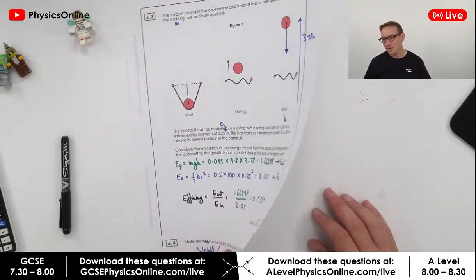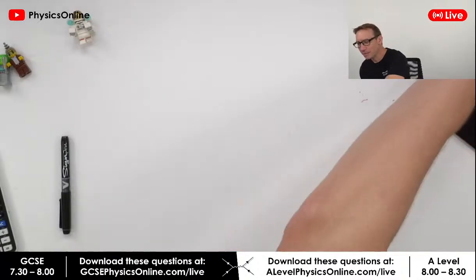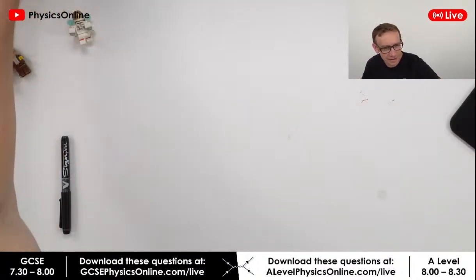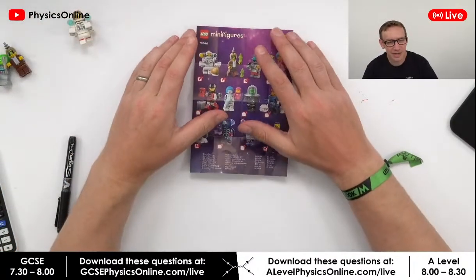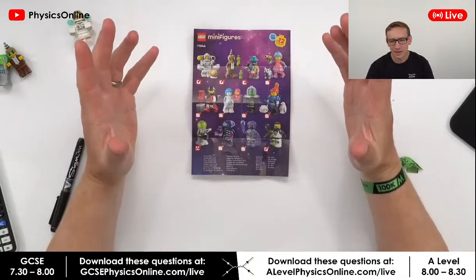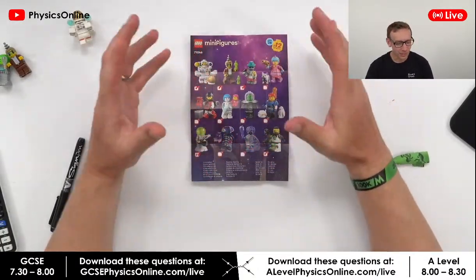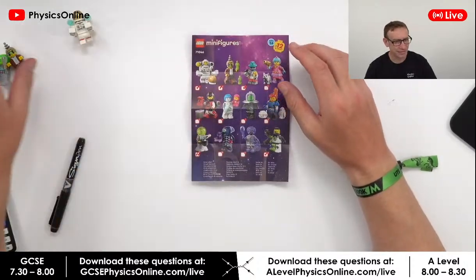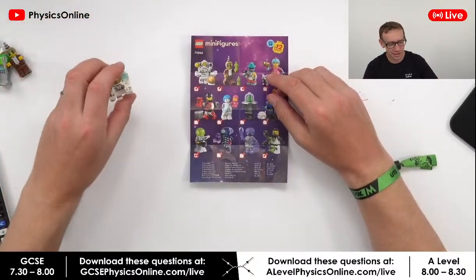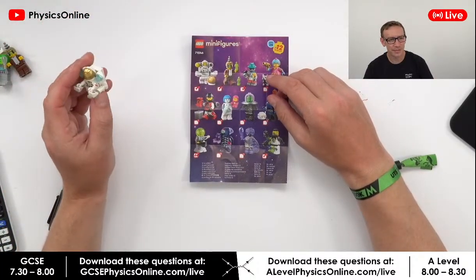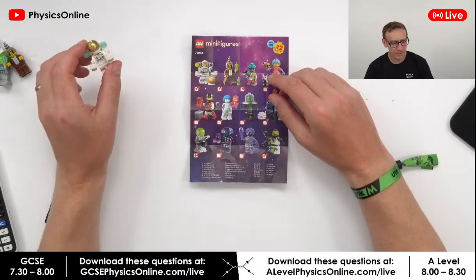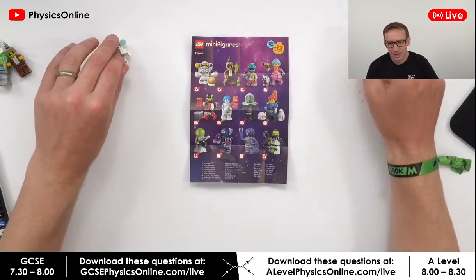Now, for some of you, you might know that I've been opening up these Lego things, often around this time at the end of the GCSE stream. Unfortunately, I've been a bit busy recently. I've not had time to go to Tesco's today, and I've run out of Lego minifigures. The ones that we opened last week, I think that's one of my favourite, with the EVA spaceman or astronaut over here.